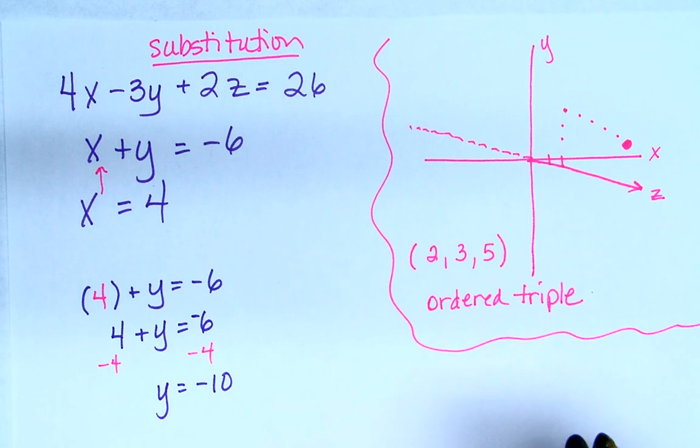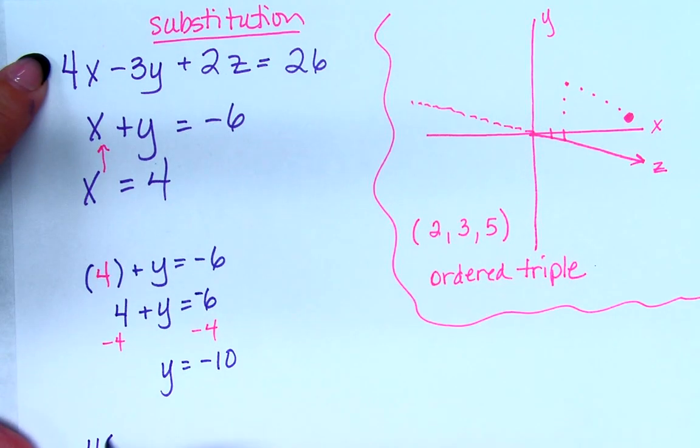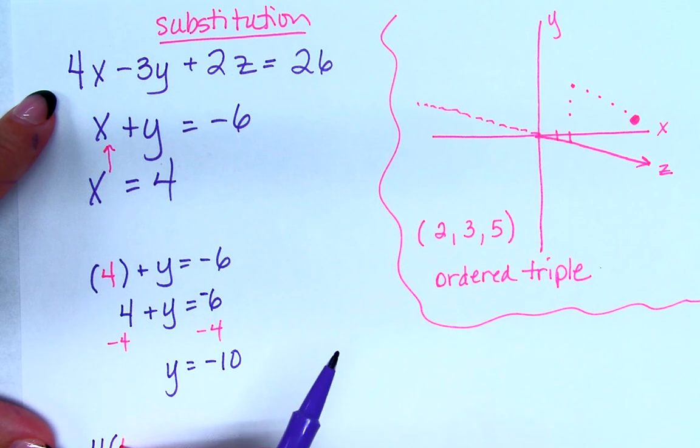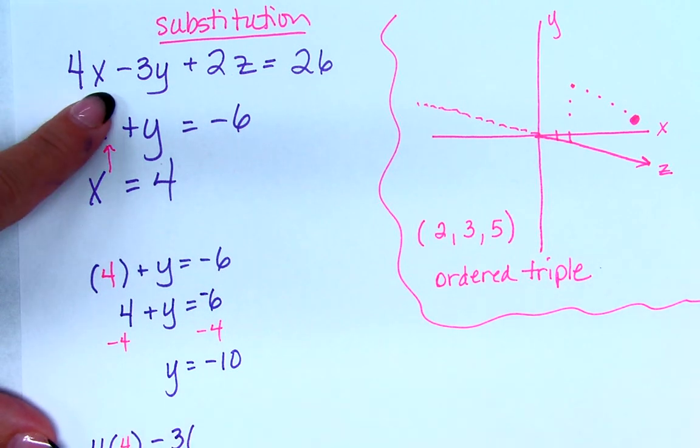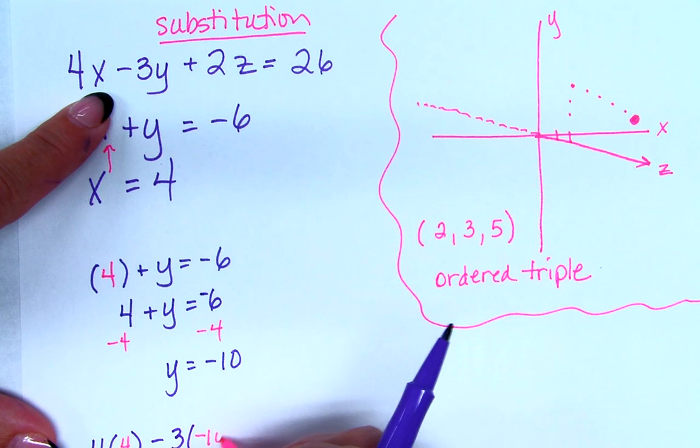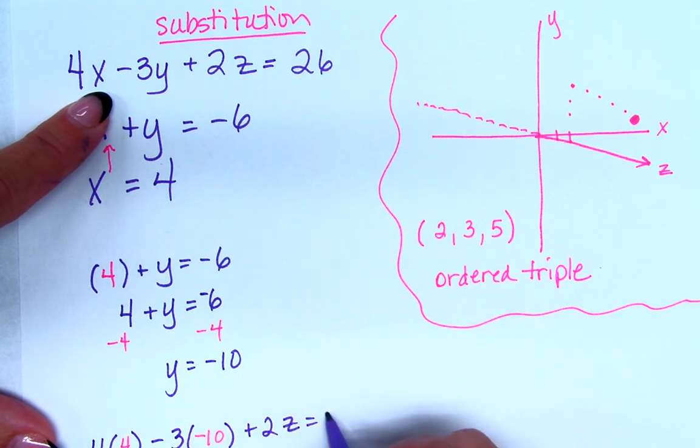Plug them both in at the same time. So 4 times x, which is 4, minus 3 times y, which is negative 10, plus 2z equals 26.